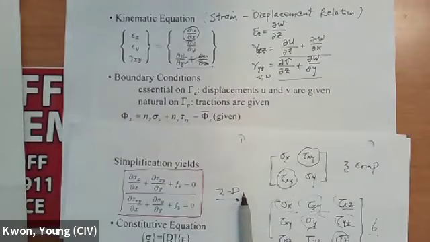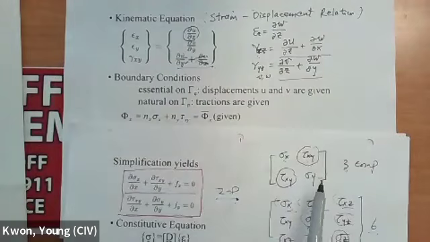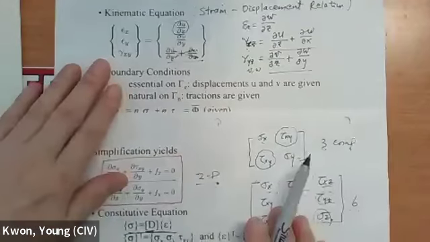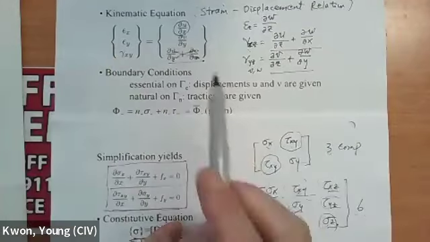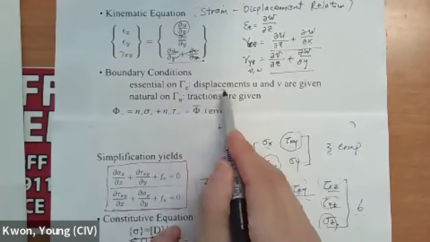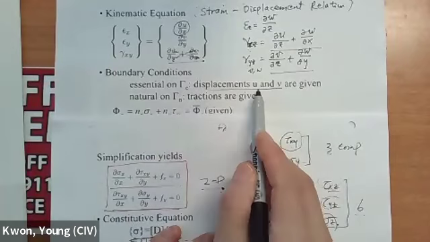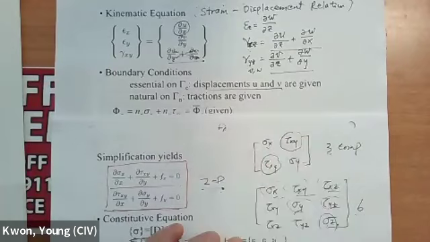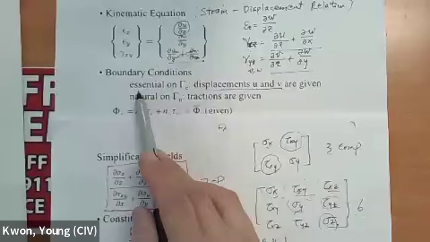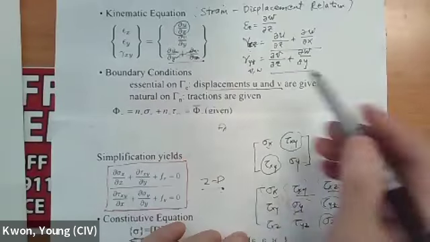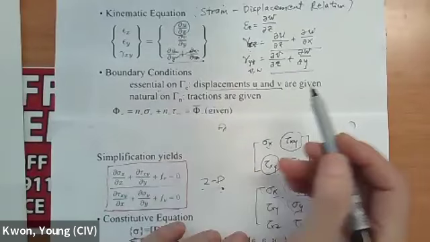Then there are two types of boundary conditions here. In elasticity, one is displacement: displacements in the x and y directions are given, some constraint in the x and y direction. That's the so-called displacement, geometric, or essential boundary condition.